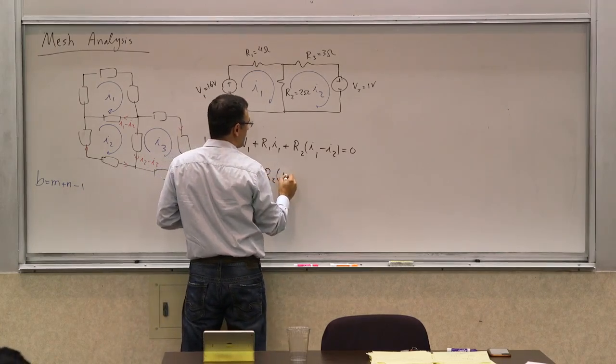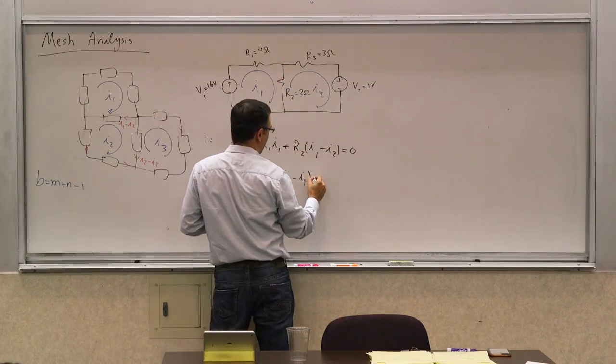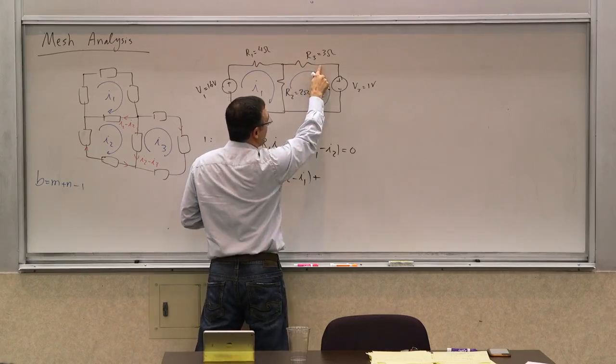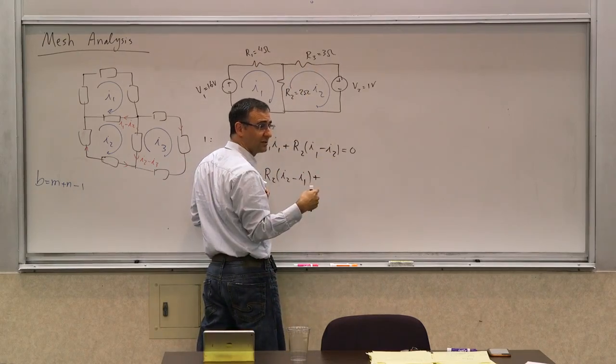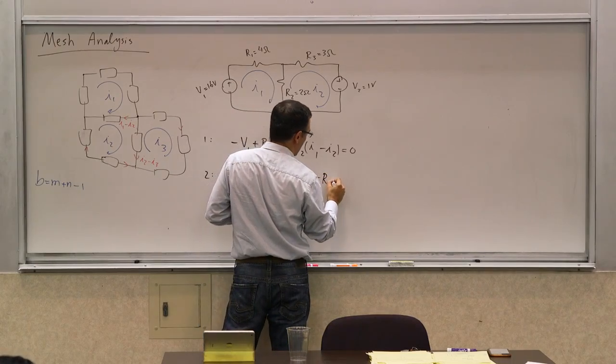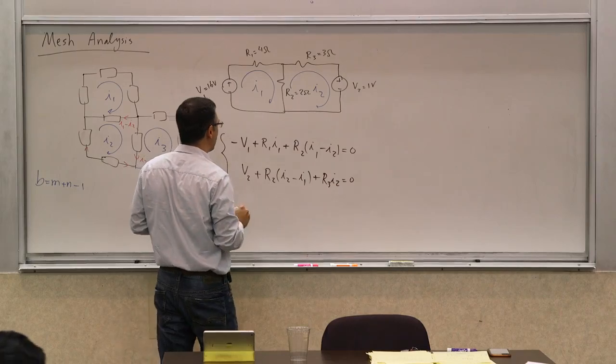R2 times (I2 minus I1), because that's the current going in this direction. Plus, what is the voltage drop across R3 from this side to that side? You have to keep track of direction. R3 times I2 equals 0. So I have these two equations.